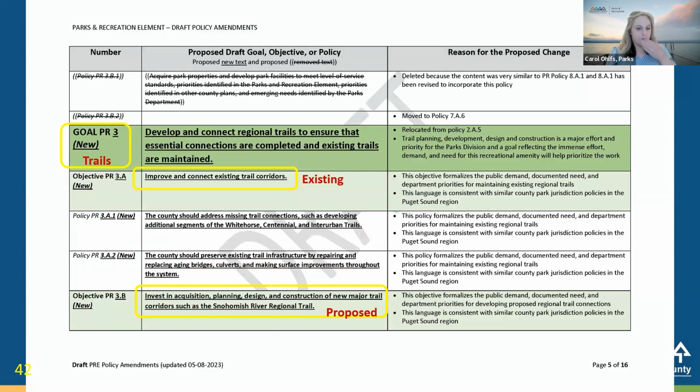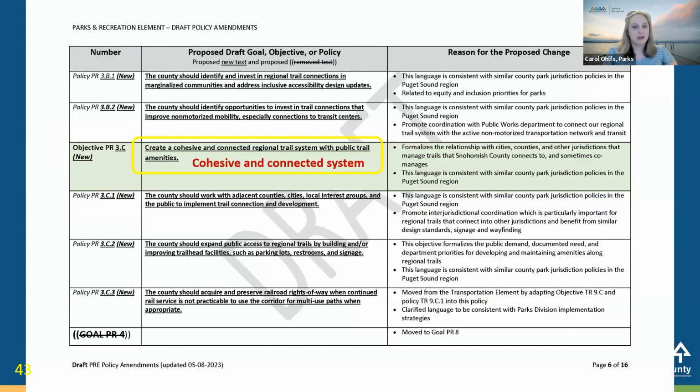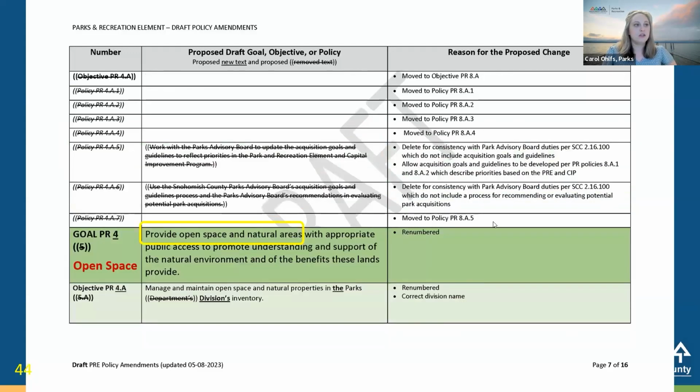They can also be very expensive to implement, but make a huge difference to the countywide and regional communities. Objectives within this goal focus on maintaining and improving existing trails, building out proposed trails, and building a cohesive and connected regional trail system.